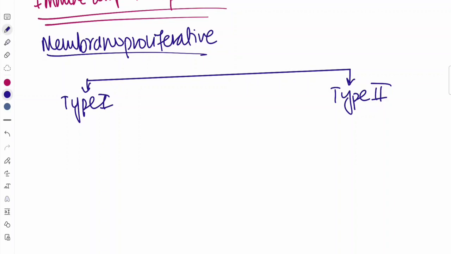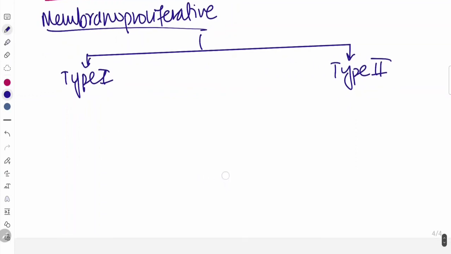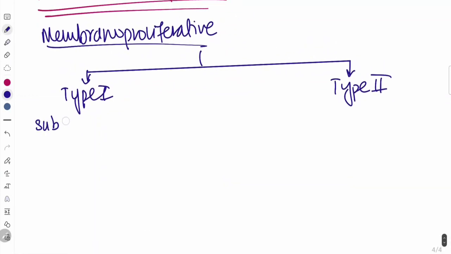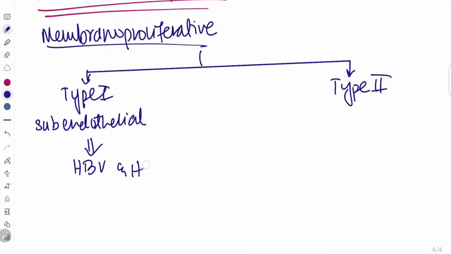This division is based on location, and you see it by electron microscopy, right? Type 1 is called subendothelial, and it is associated with HBV and HCV, hepatitis B and C. And type 2 is called dense deposit disease.